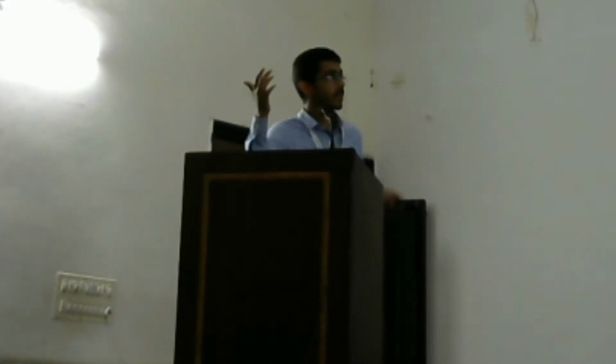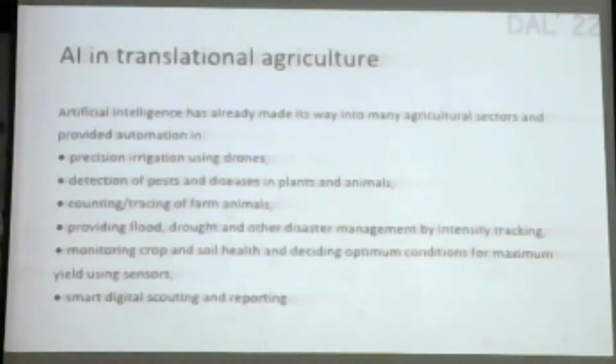AI in translational agriculture. By translational agriculture, I mean how researchers have incorporated AI in other fields of agriculture and how best they can improve crop yield quantitatively.